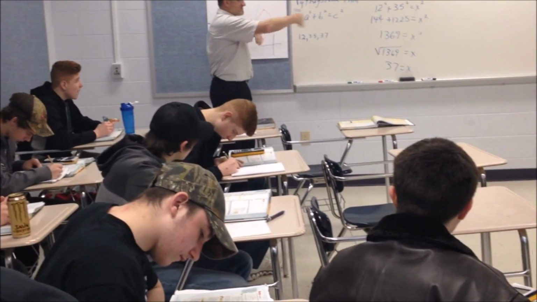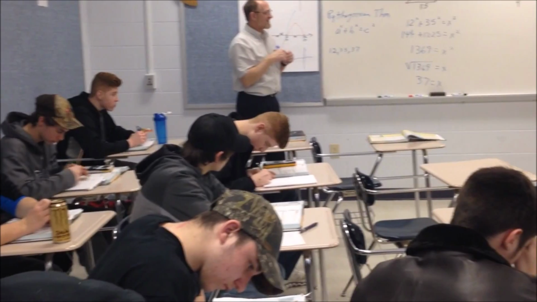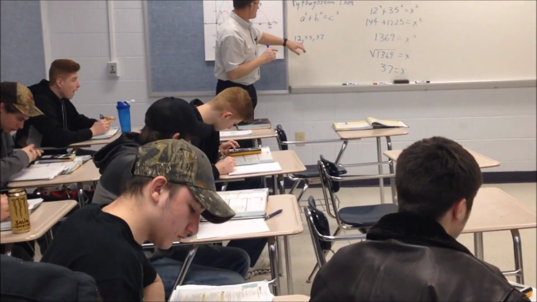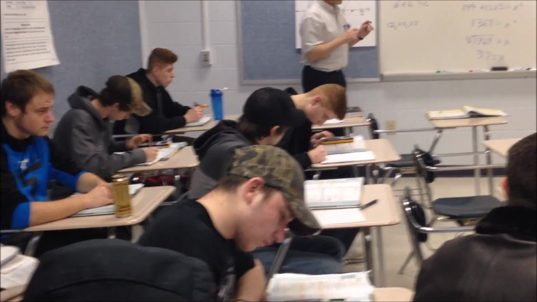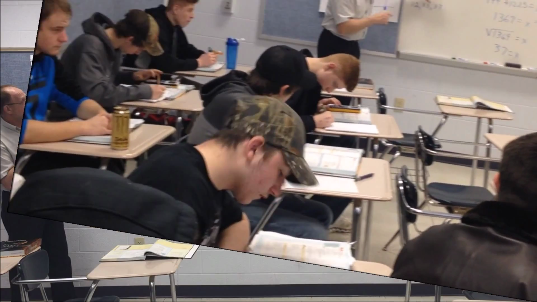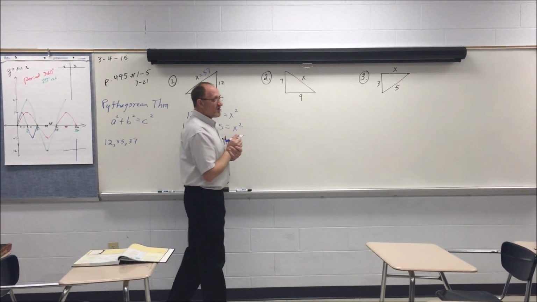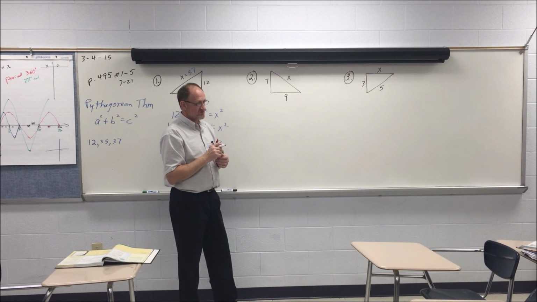They'll ask, are these 3 numbers a Pythagorean triple? I've seen questions like that on the ACT and other tests. So just make sure you know that it has to be 3 whole numbers, and they have to fit the Pythagorean theorem. Okay, number 2. Which one is our hypotenuse? X.